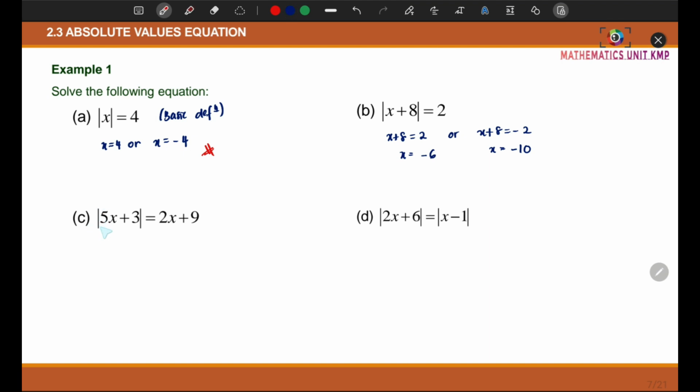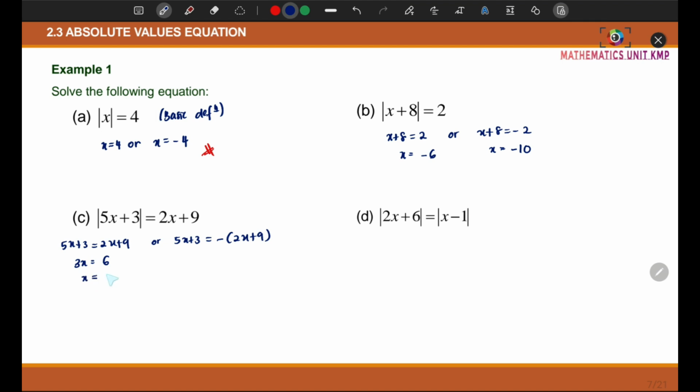Part C, we have absolute value of 5x plus 3 equal to 2x plus 9. We will solve by using the basic definition. Okay, 5x plus 3 equal to 2x plus 9, or 5x plus 3 equal to -2x plus 9. We will solve these equations separately. So 5x minus 2x, we have 3x equal to 9 minus 3, which is 6.